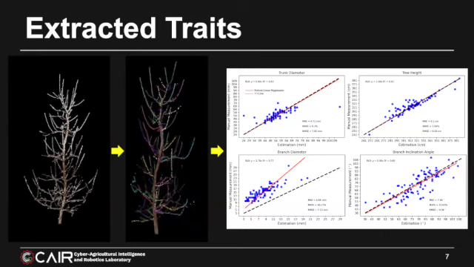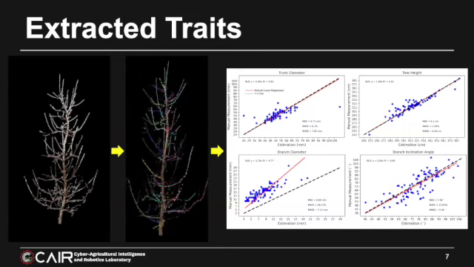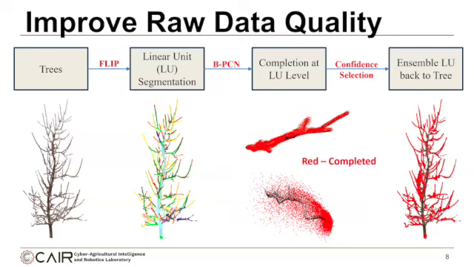So how we are going to increase the accuracy for branch diameter measurement is the key question here. What we propose is that if the raw data quality hinders the whole process, why not just fix that before we analyze the tree? First, we have the 3D point clouds of those trees, and then we segment them into very short linear units.